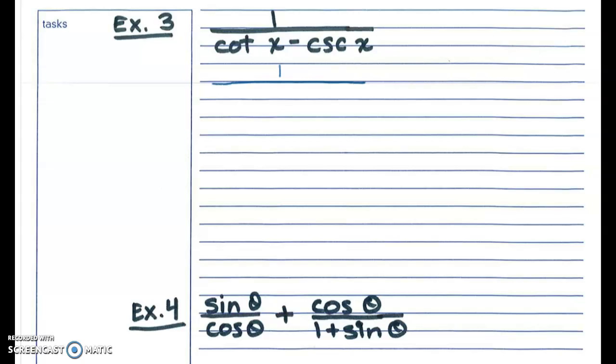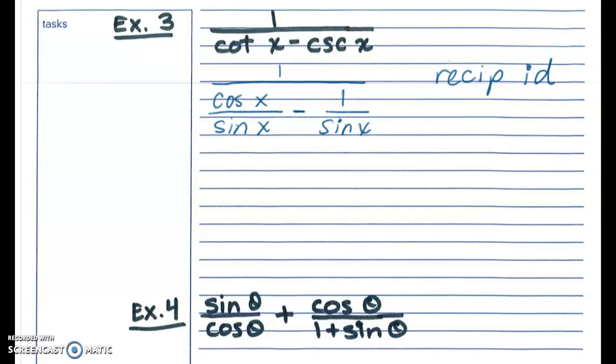Cotangent is 1 over tangent, and cosine over sine. What do we know about cosecant? Cosecant, reciprocal identity is 1 over sine. So all we did there was reciprocal identity. Okay.